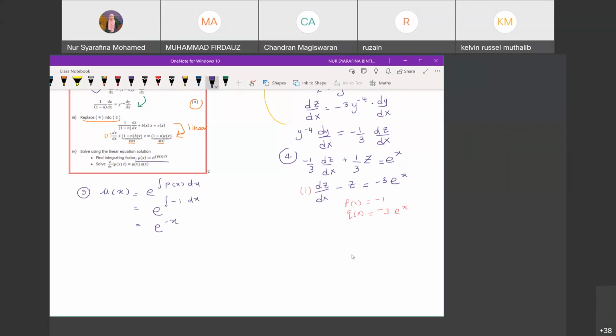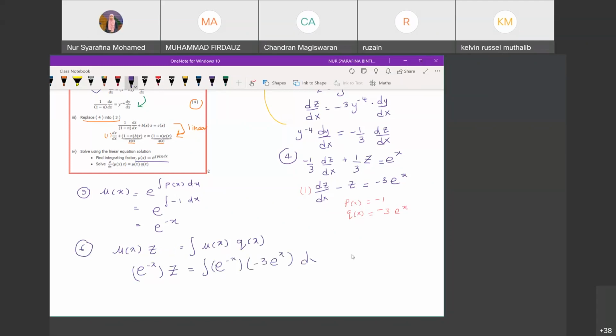Okay, so once you got your integrating factor, then just substitute to here. mu(x), e to the power minus x, z, q(x), minus 3 e to the power x.